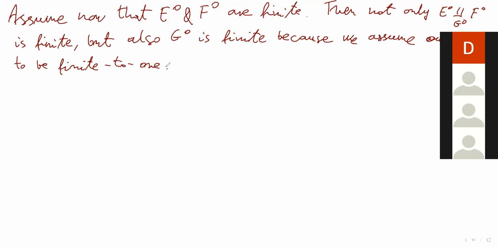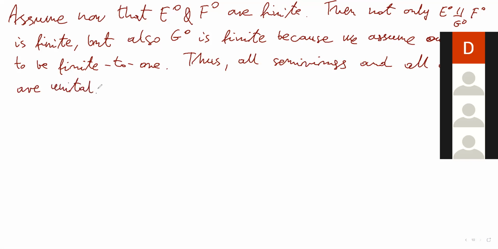Okay, so now everything here is unital. Thus, all semirings and all algebras are unital. Now, how about morphisms?